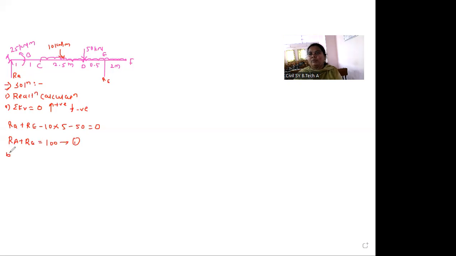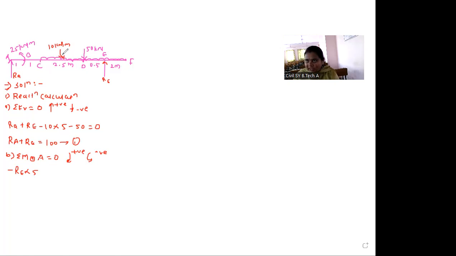After that, second part, B, summation of moments at point A is equal to 0. We take moments at point A, and we consider clockwise moments positive and anti-clockwise moments negative. So we start from this point E. This RE creates an anti-clockwise moment about point A, so minus RE into the perpendicular distance, which is 3 plus 2, that is 5 meter. After that, we move towards the uniformly distributed load.